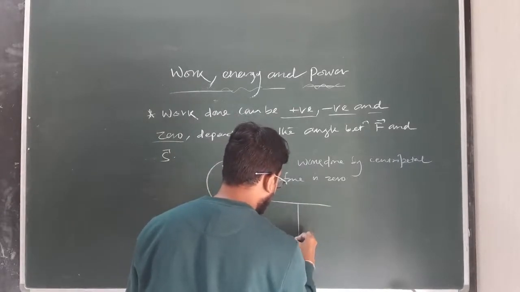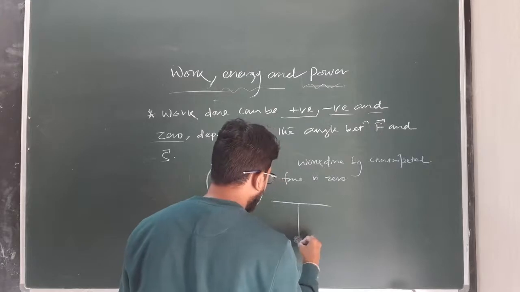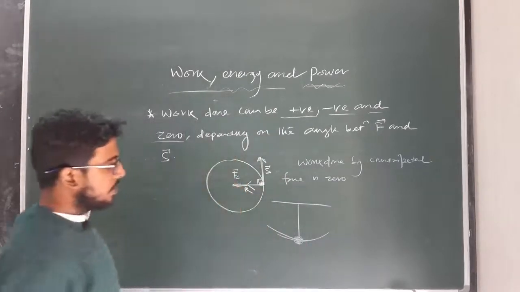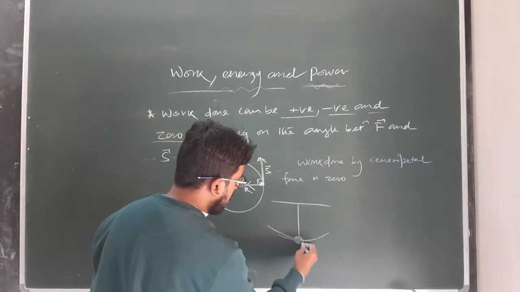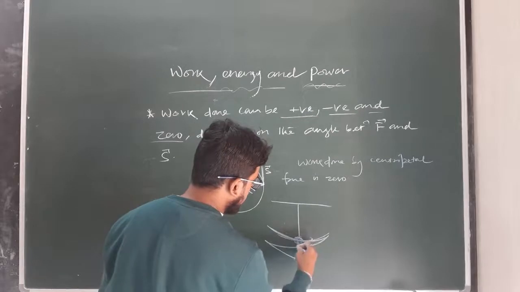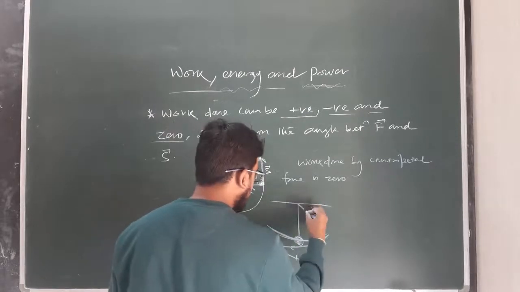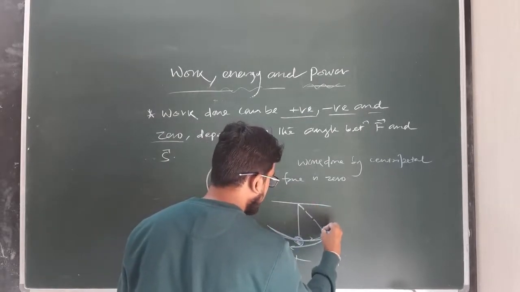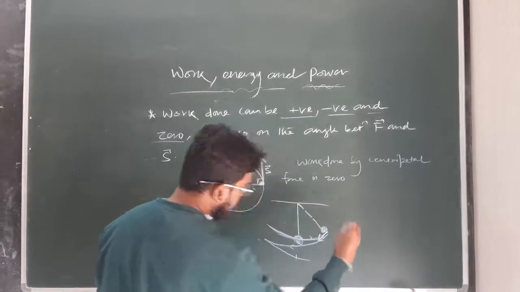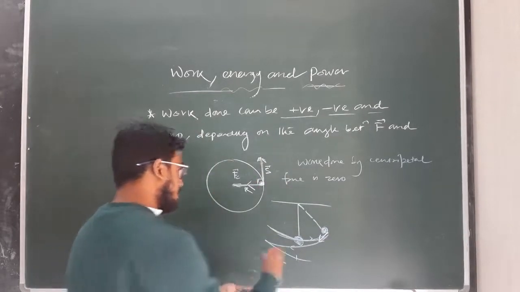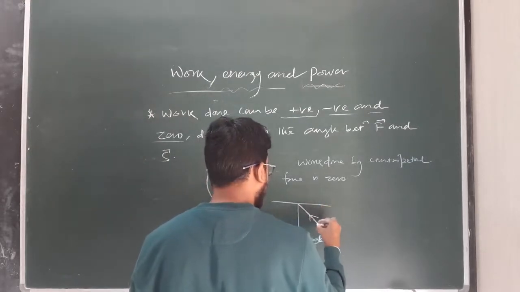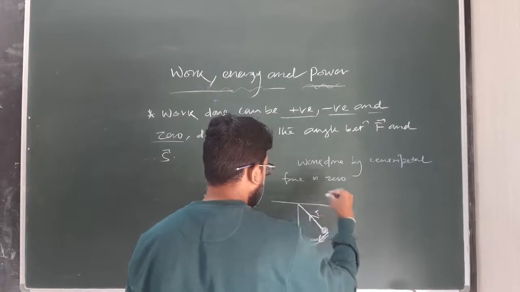Another example is when a body is executing SHM or doing oscillation like this. Okay, so if this pendulum is executing SHM like this, to and fro motion like this, at any instant the displacement is along this direction, but the tension along the string, if this pendulum is tied with a string, is along this direction.